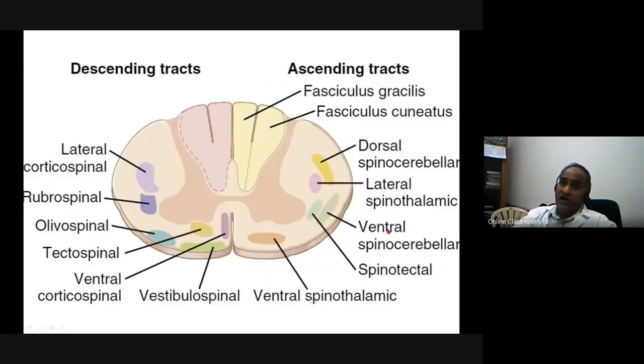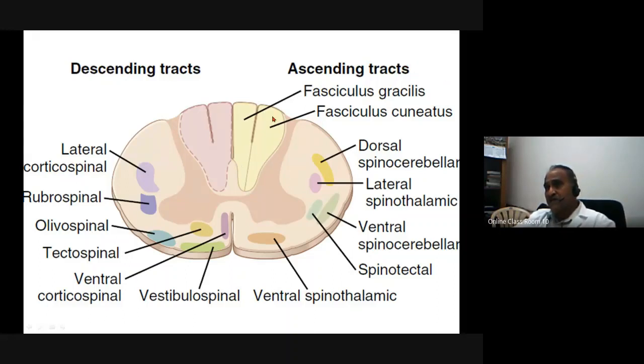Now, again, I'm just depicting these are the descending tracts. The descending tracts include lateral corticospinal, rubrospinal, olivospinal, tectospinal, then ventral corticospinal, then vestibulospinal pathway. This is taken from a textbook. Then this side we have the ascending tracts.